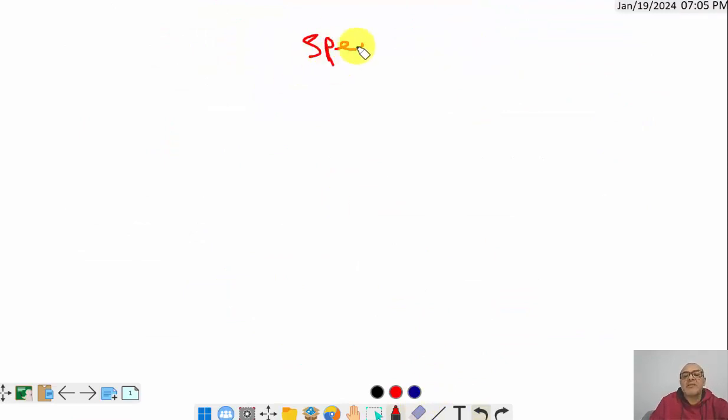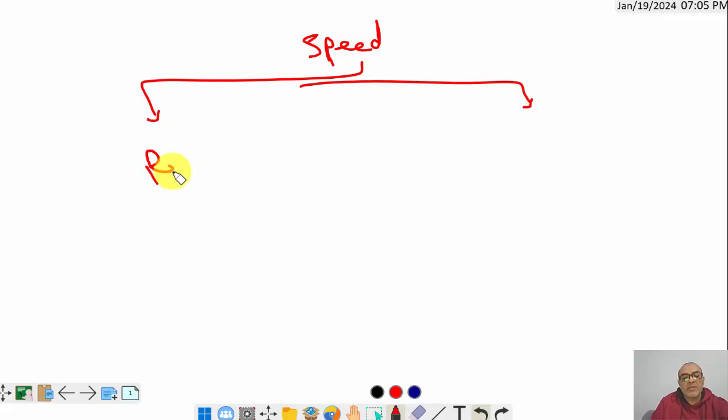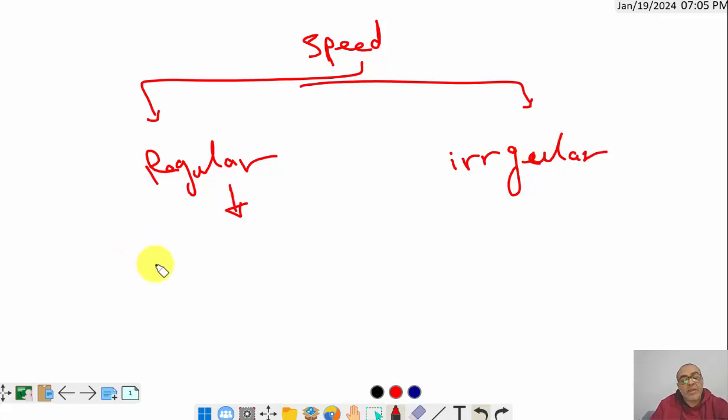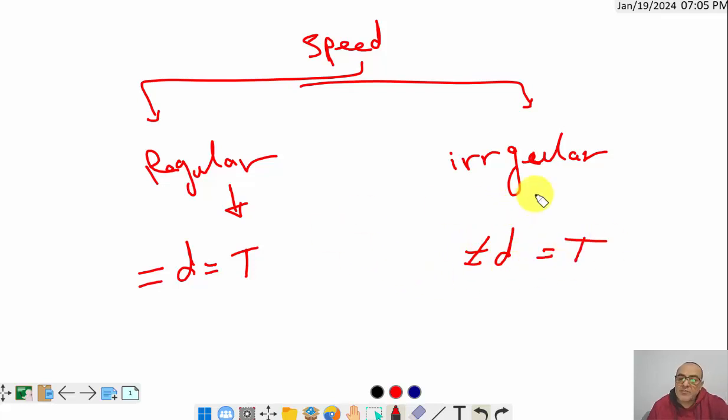Speed is divided into two types, regular and irregular. Regular is when it covers equal distance in equal intervals of time, but irregular covers unequal distance in equal intervals of time. This is the difference between regular and irregular.